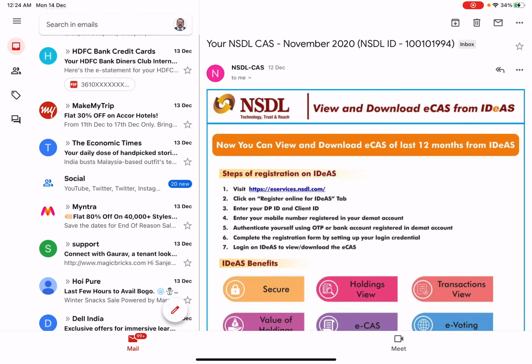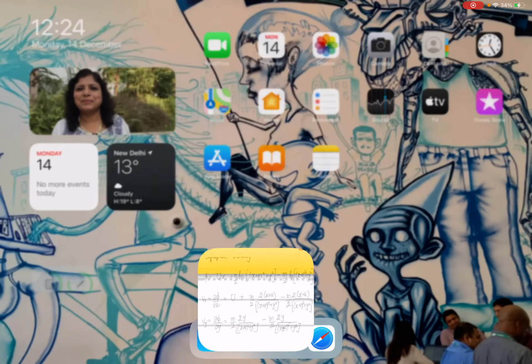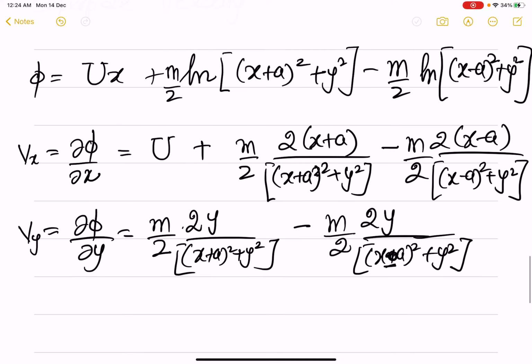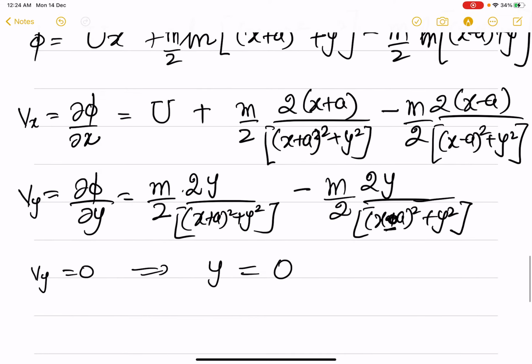I'm not going to solve the full thing, but if you need to find the expression for the stagnation point, then first you put Vy equal to 0. This gives you simply y is equal to 0.